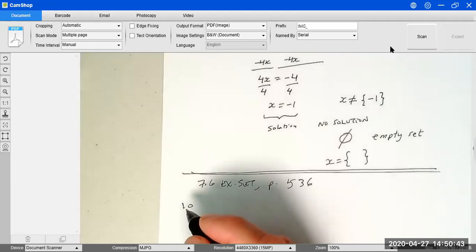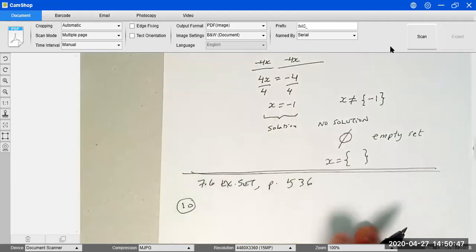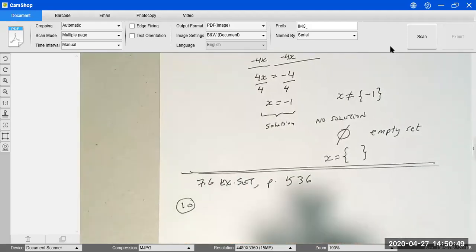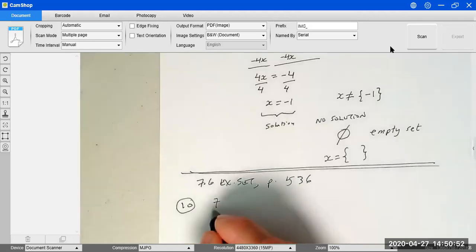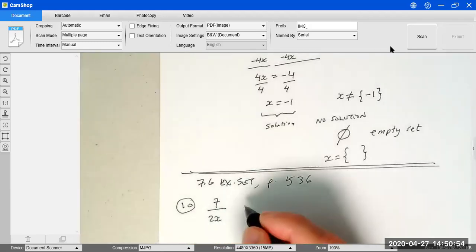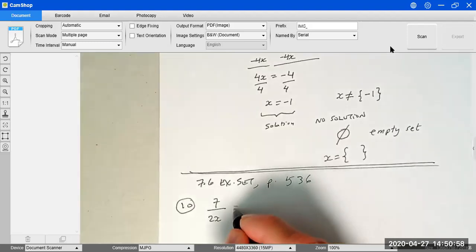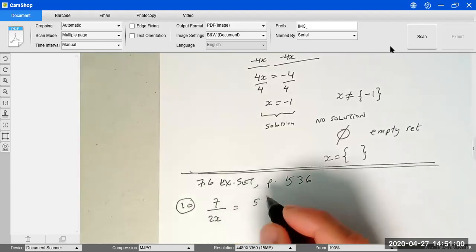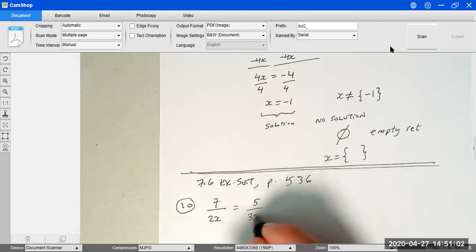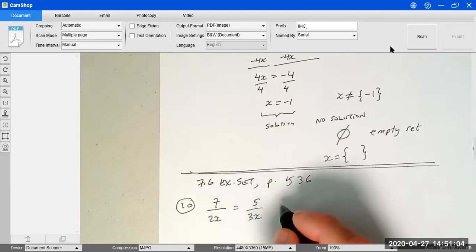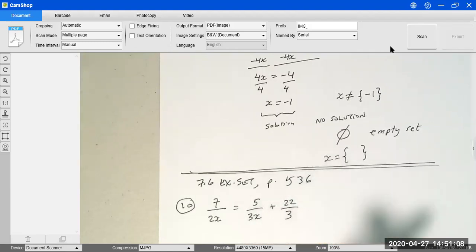No, you're going to start with problem 2. Okay, let's write problem 10 here because I already wrote this number. So you have 7 over 2x equals 5 over 3x plus 22 thirds. So that's problem 10.